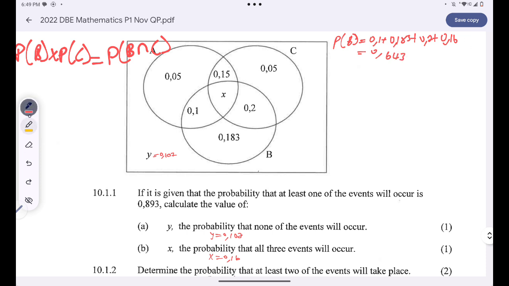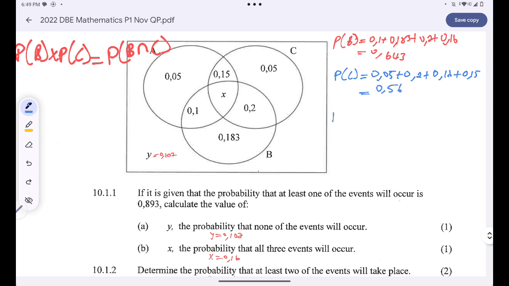And then let me find the probability of C now. The probability of C, 0.05 plus 0.2, 0.16 plus 0.15. I'll simply get 0.56.